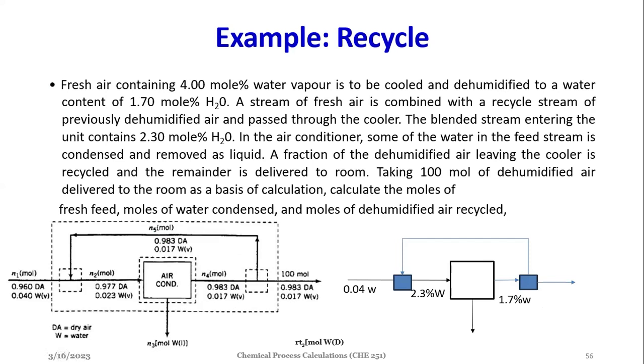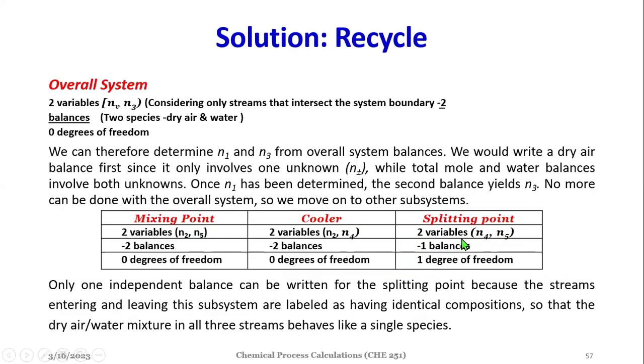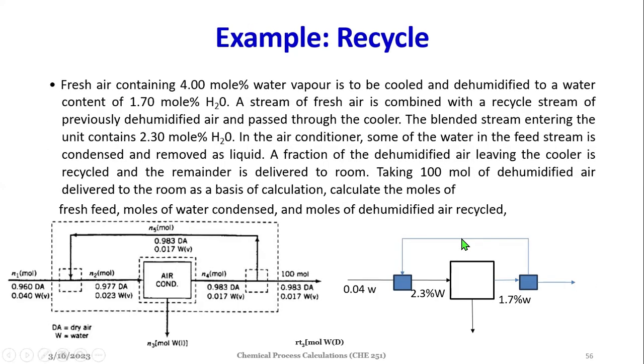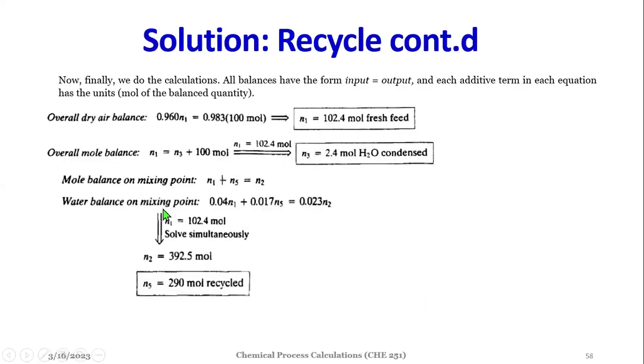So when it's a splitter, because it's the same composition, you can just get one equation. Because if I do the 0.93 for each of them, I'll end up getting just one balance at the end of the day. So the balance I can get for this is N4 is equal to 100 plus N5. So if we go ahead and solve them, we'll be getting these values.